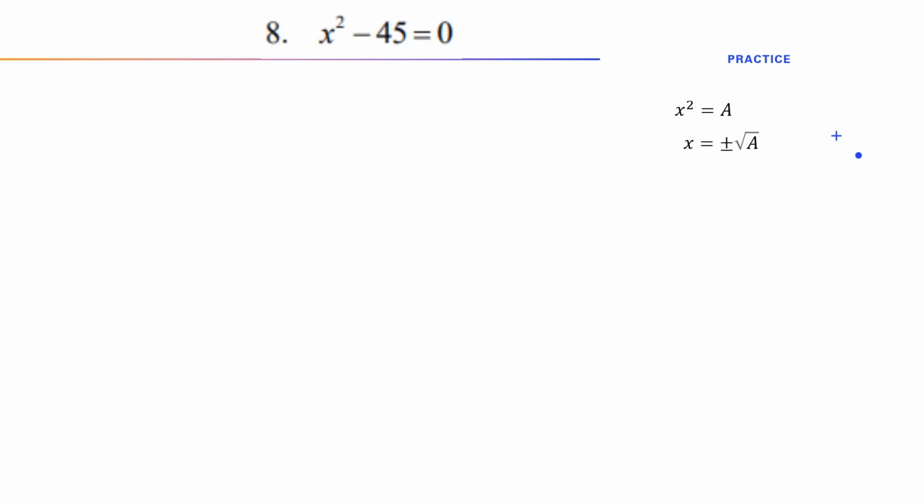Now number 8. First of all, checking for the square root property. Yes, it's a two term. So if we add 45 to both sides, what do we get?